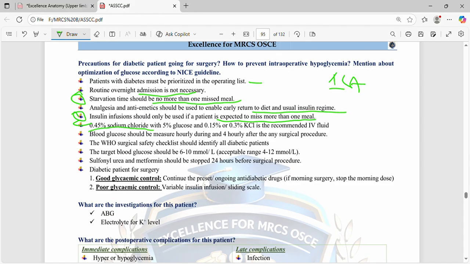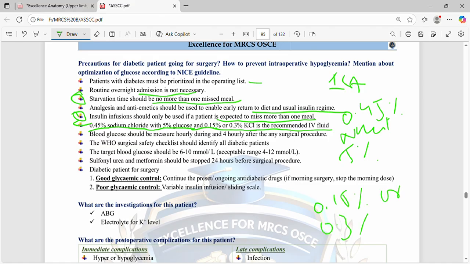0.45% sodium chloride with 5% glucose and 0.15% or 0.3% KCl is the recommended IV fluid for diabetic patients.